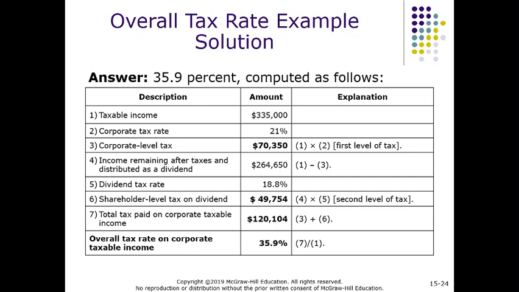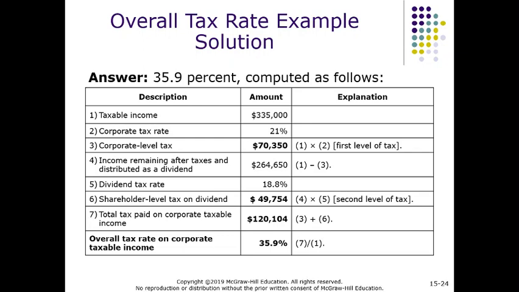All right, so here's how you do that. First thing you're going to do is tax it at the corporate level. The tax rate is a flat 21%. And so, simply really easy, 335,000 times 21% is 70,350 at the entity level. And then the income that remains to be distributed, since all of it's going to be distributed to Nicole, that's 264,650. The dividend tax rate on that is 18.8%.